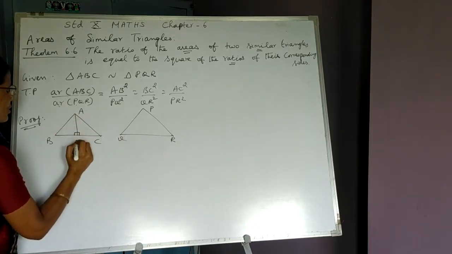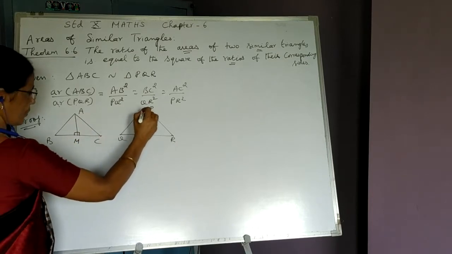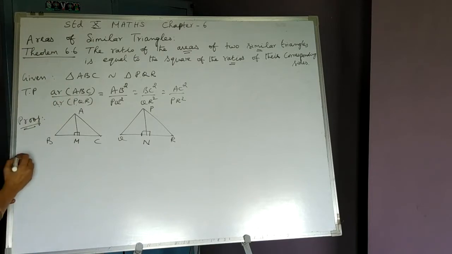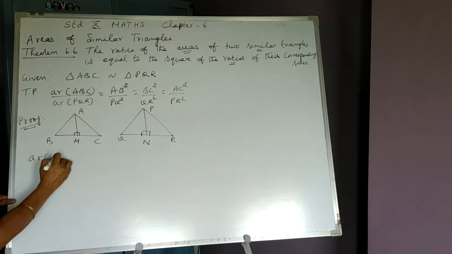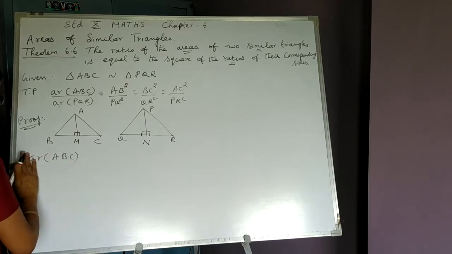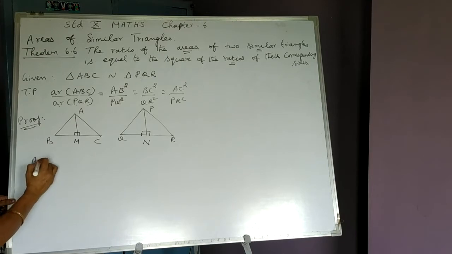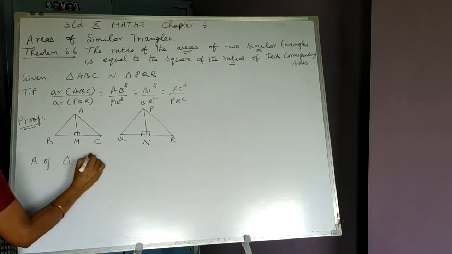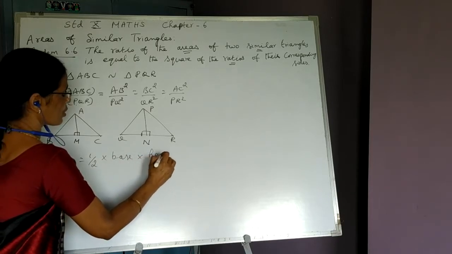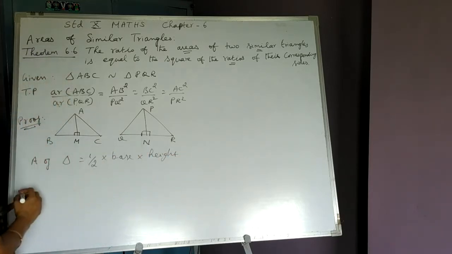I draw altitude AM on BC and PN on QR, right? What is the area of triangle ABC? We know the area of any triangle is half base into what? Into height. Area of a triangle is half into base into the corresponding altitude, which is called height.